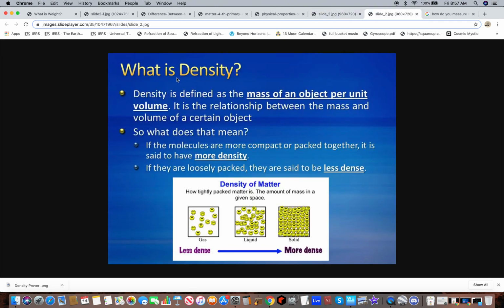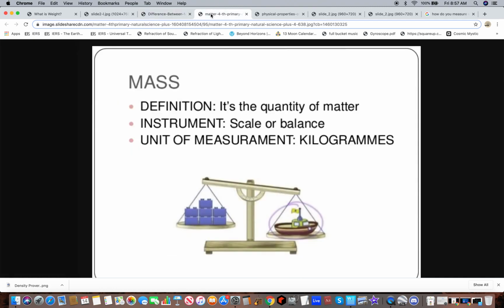You can describe something as an amount of matter, an accumulation of matter. But mass is also mole, because mole can be a calculation of matter. That's also mass. Mass can be described as a volume.